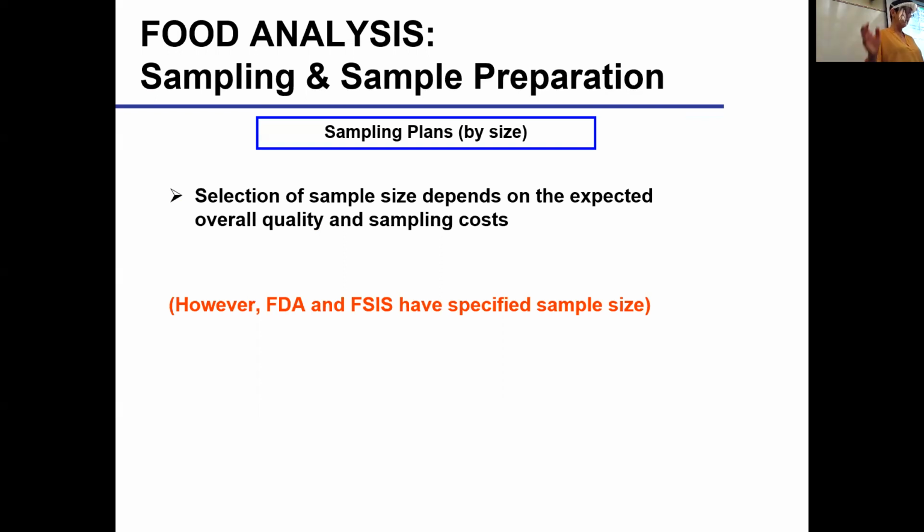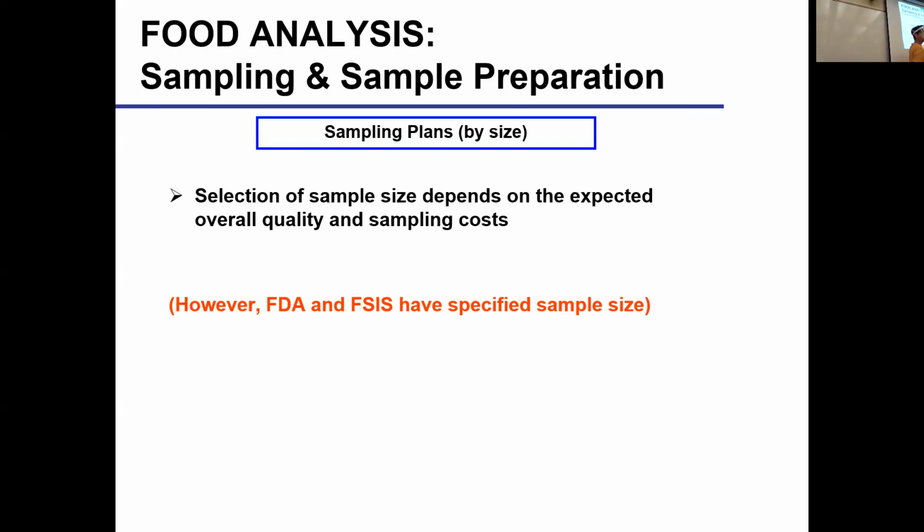So what does it mean? You take 12 samples and you composite them together. You bulk them. And then from there, you take 6 subsamples for testing. That is the FDA regulation. You take 12 samples randomly, and then you combine them, that's composite sampling. And once they're homogeneous, you take 6 subsamples for testing.